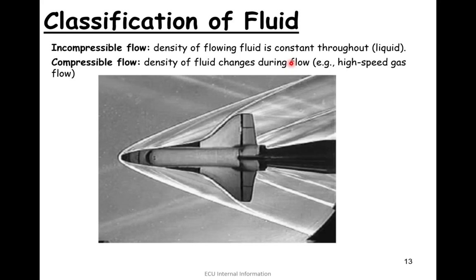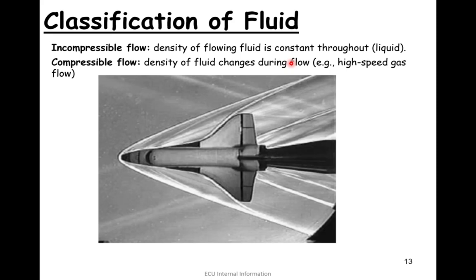That means as we provide pressure, the volume decreases, then density also increases. Then in this case, we call it a compressible flow. But in case of liquid, it is an incompressible flow. What we study in this unit, in most cases, I would say 99% of cases or even 100% of cases, we're looking at incompressible flow.